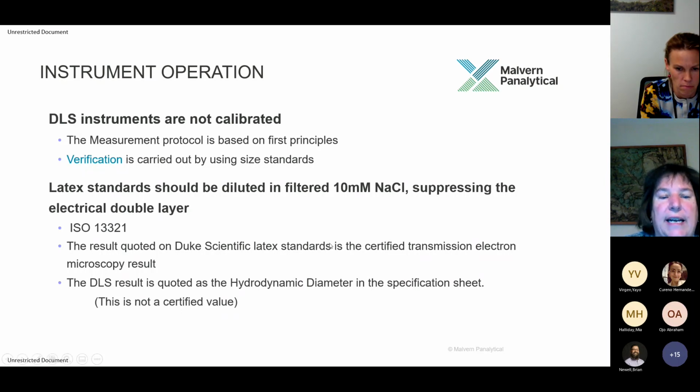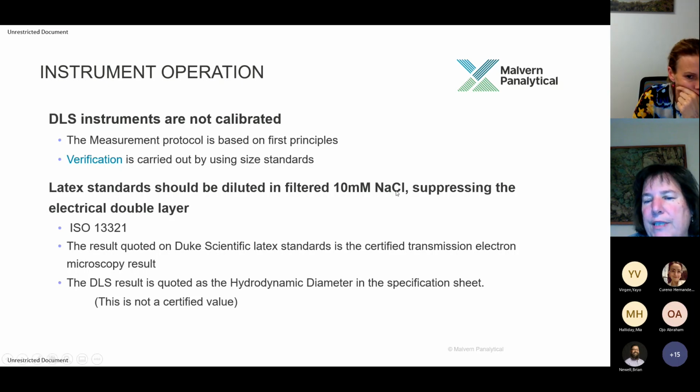There is an ISO standard method. There's actually two of them. This is the older one, but basically you take a latex standard, you dilute it in filtered 10 millimolar sodium chloride in order to suppress that electric double layer, and you measure the size. The dynamic light scattering result is quoted on the spec sheet as a hydrodynamic diameter.